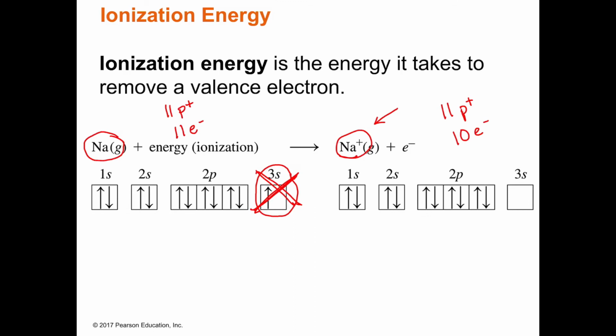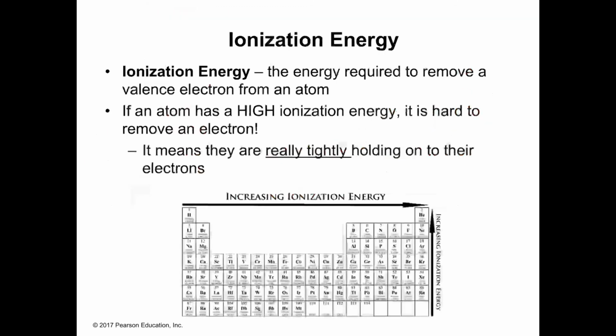But when we remove this valence electron here, now we don't have the same number of protons and electrons. We have one extra proton, so that's why we call it Na+. So when we've pulled this electron off, we make a positively charged ion. So the ionization energy is the energy it takes to pull off that valence electron, the energy required to remove a valence electron from an atom.